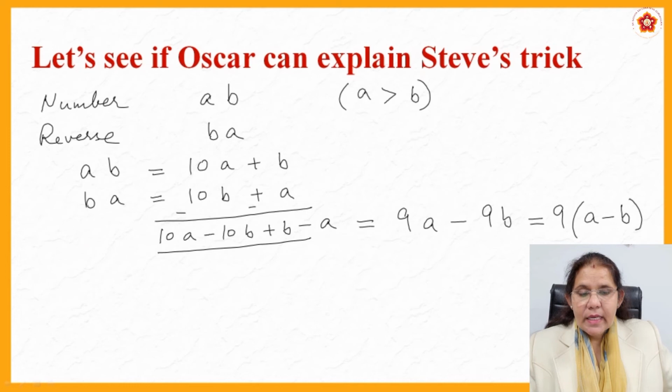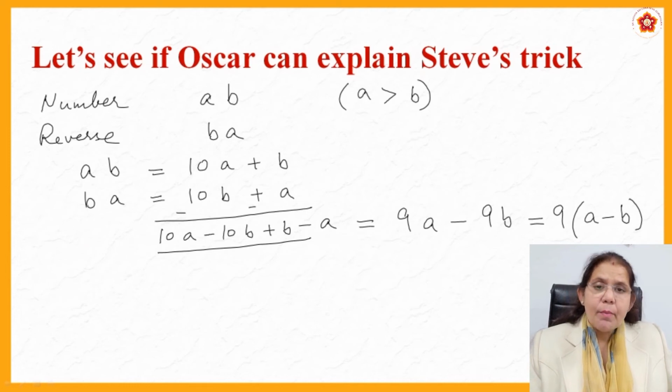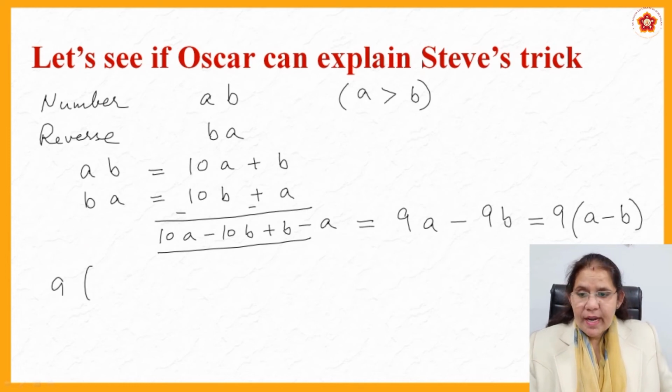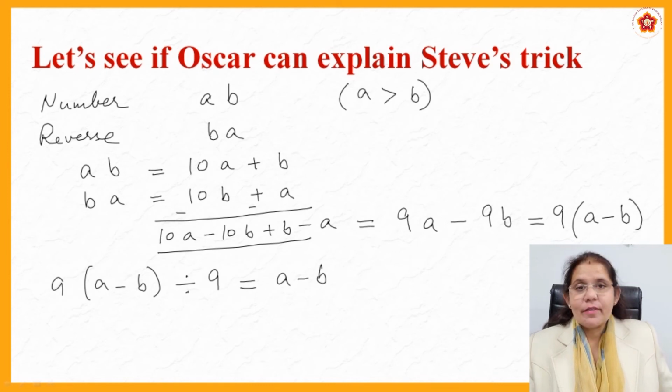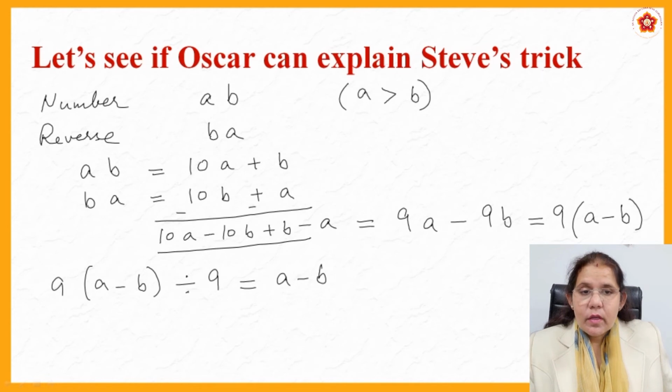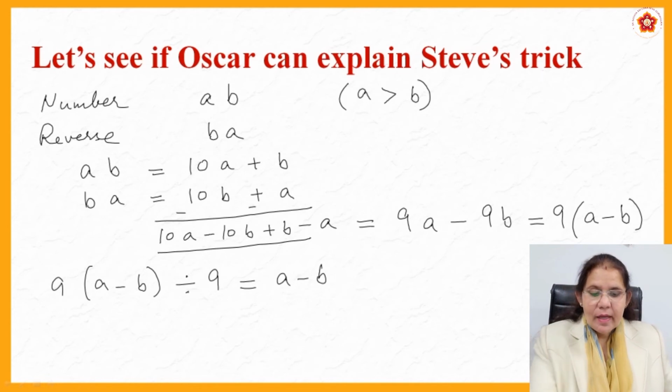So it is a multiple of 9. So whenever we divide it by 9, there will be no remainder. So this is how Steve's trick can be explained.